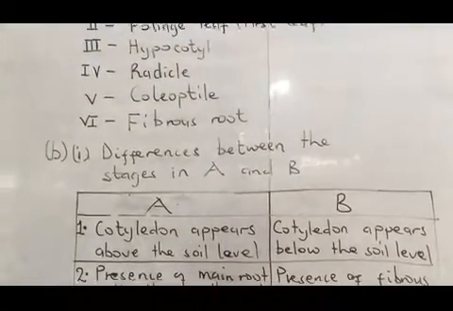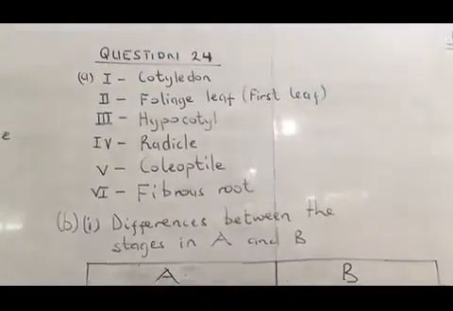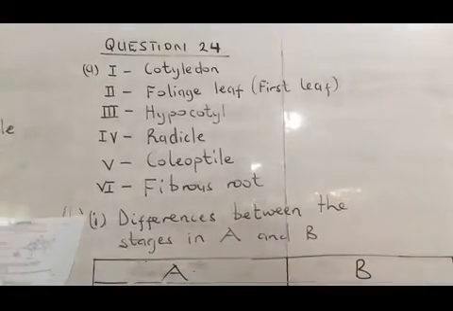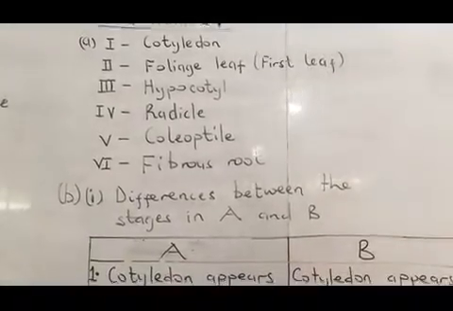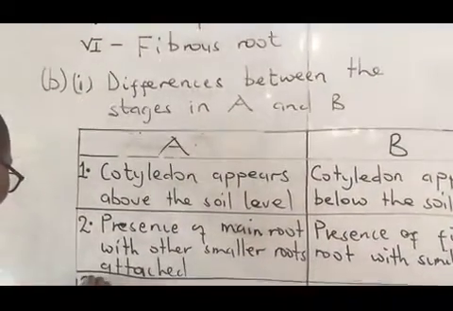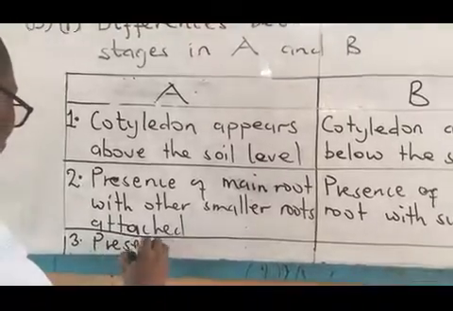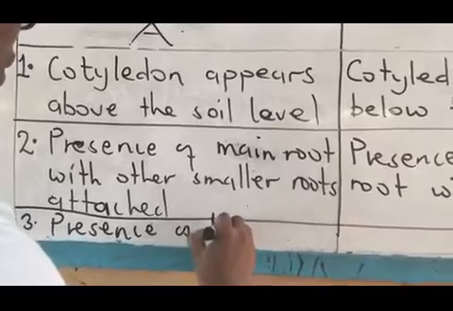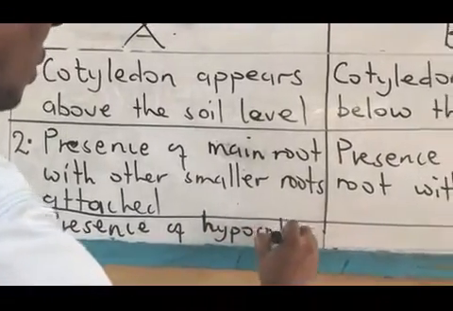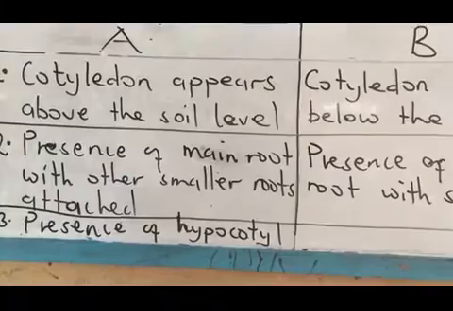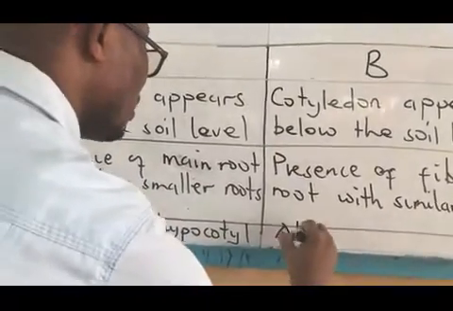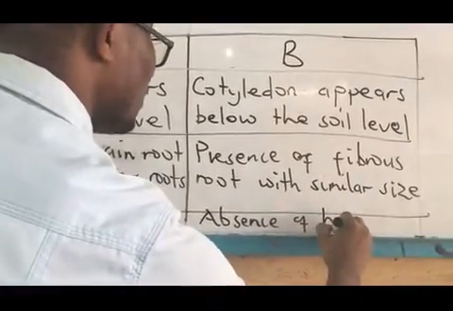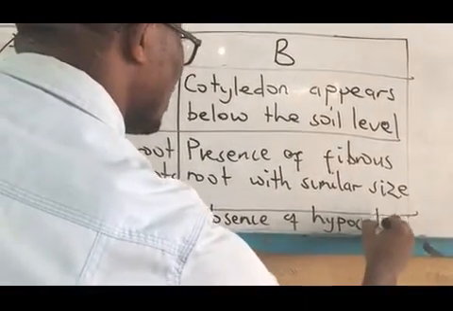You can also talk about the hypocotyl. So hypocotyl is present in A, but it's absent in B. So the third one: presence of the hypocotyl, and then you have absence of hypocotyl.